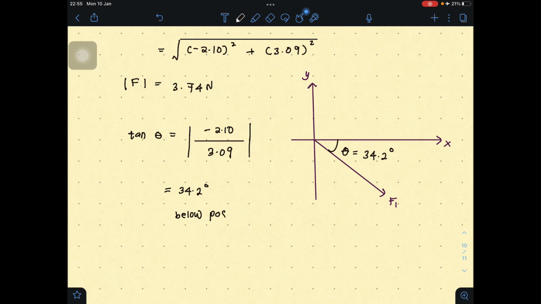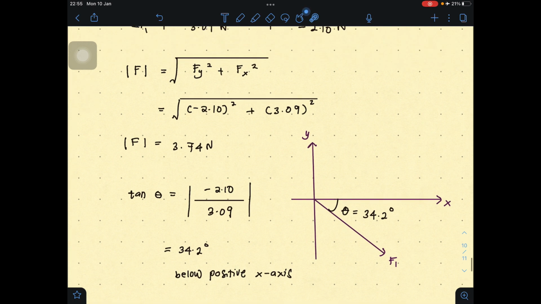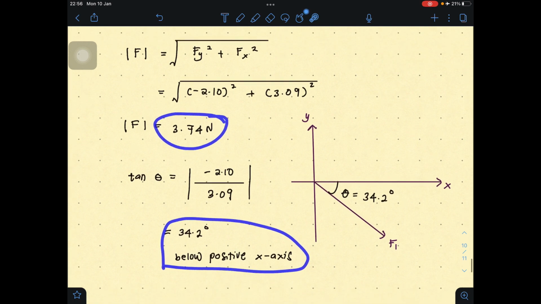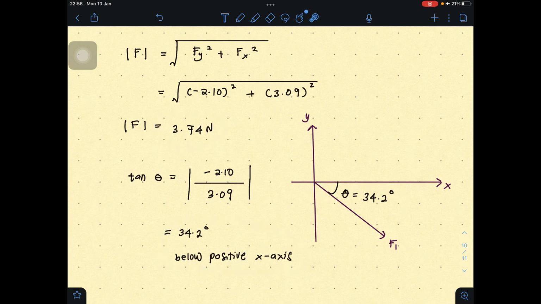Below positive x-axis. Okay, so this will be the direction. This will be the magnitude. So remember to always leave your answer including this one. Adakah below positive x-axis ataupun above positive x-axis.